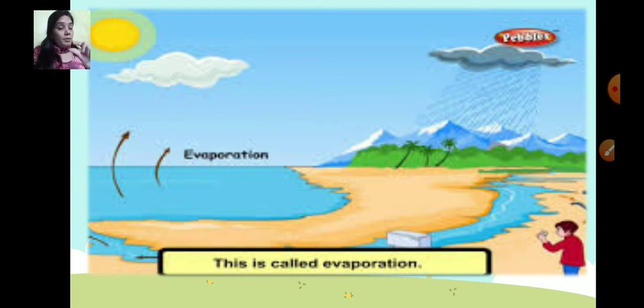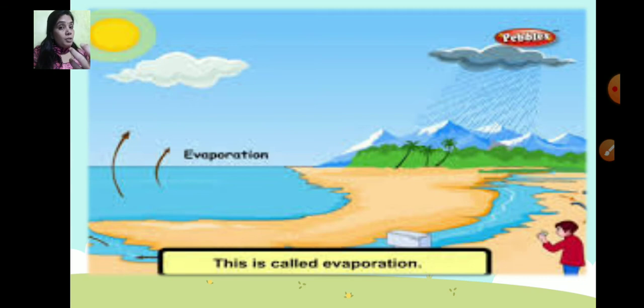You can observe that the amount of water in the bowl has gone down. It must have decreased because of the heat of the sun.